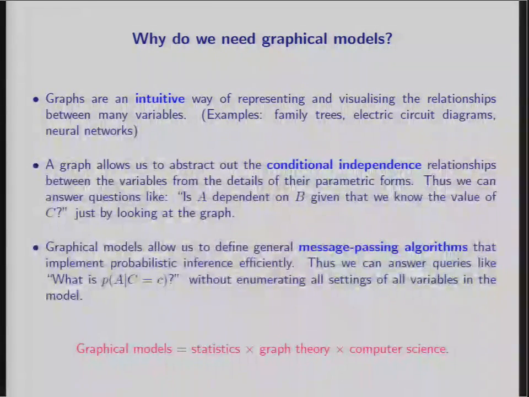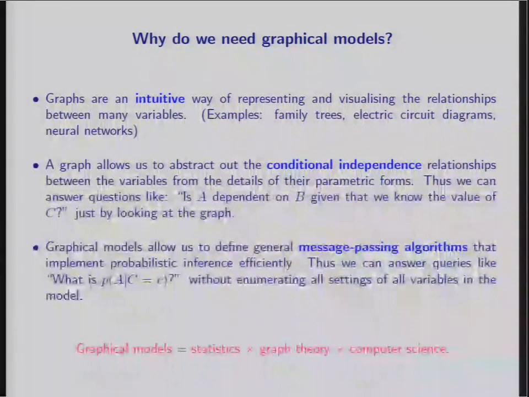becomes computationally very useful. So graphical models, because of this conditional independence, allow us to define message passing algorithms that implement probabilistic inference efficiently. So for example, we can answer queries like, what is the probability of the variable A given that we know the variable C takes on some value, by passing messages on this graph without having to enumerate all the variables and integrate everything out.